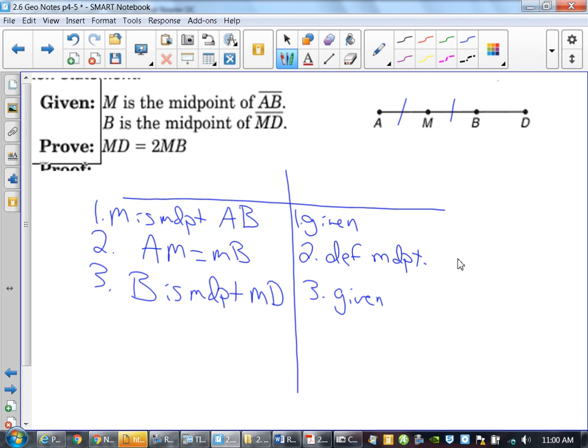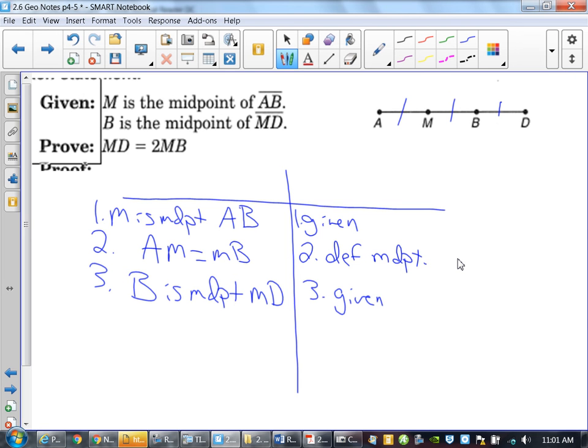Knowing that midpoint tells me that I have to state the two segments that are equal to each other. I need to go to my diagram to figure out what two segments I need to mark. B is the midpoint of MD. MB is one of the segments, and it already has a single tick mark, which means BD has to have how many tick marks? One, because they're going to be equal. So I know right away, just by looking at my diagram, that these three chunks are all equal to each other.